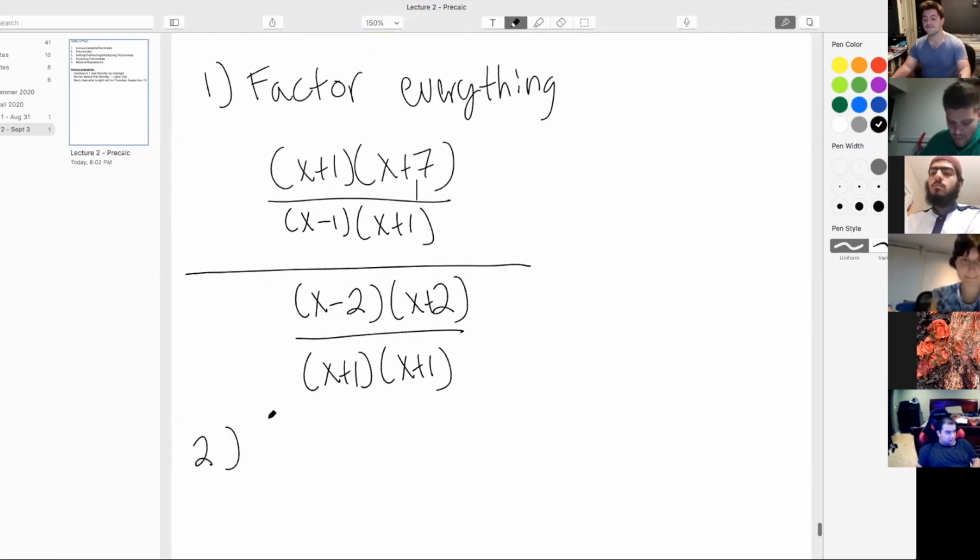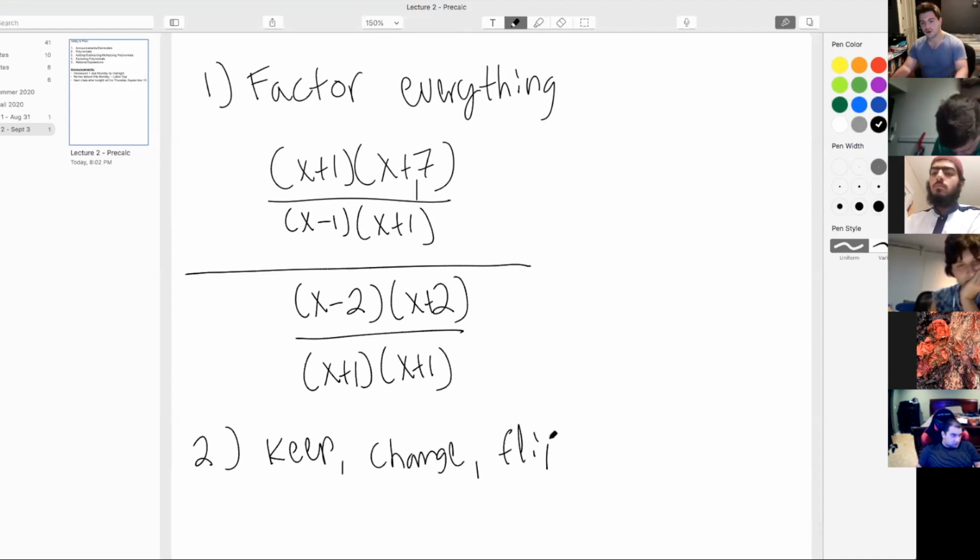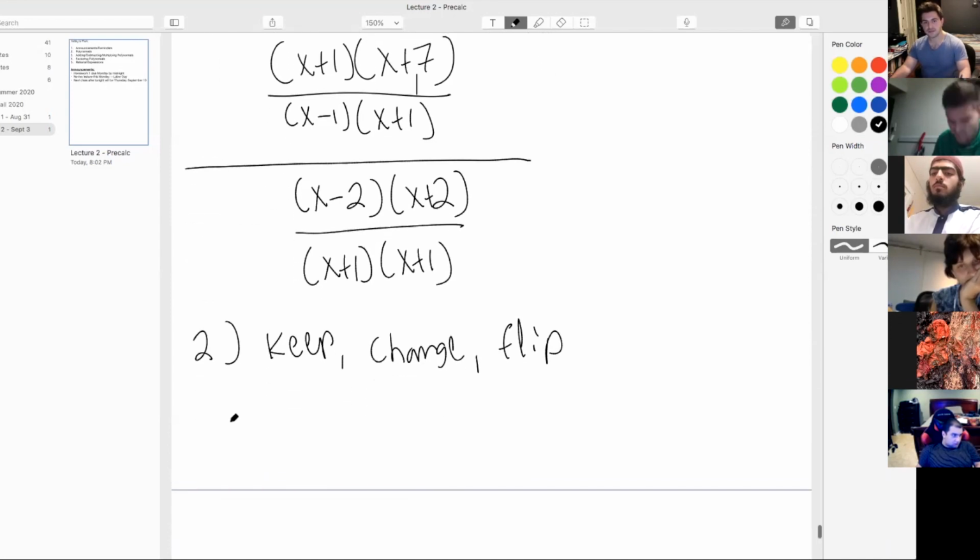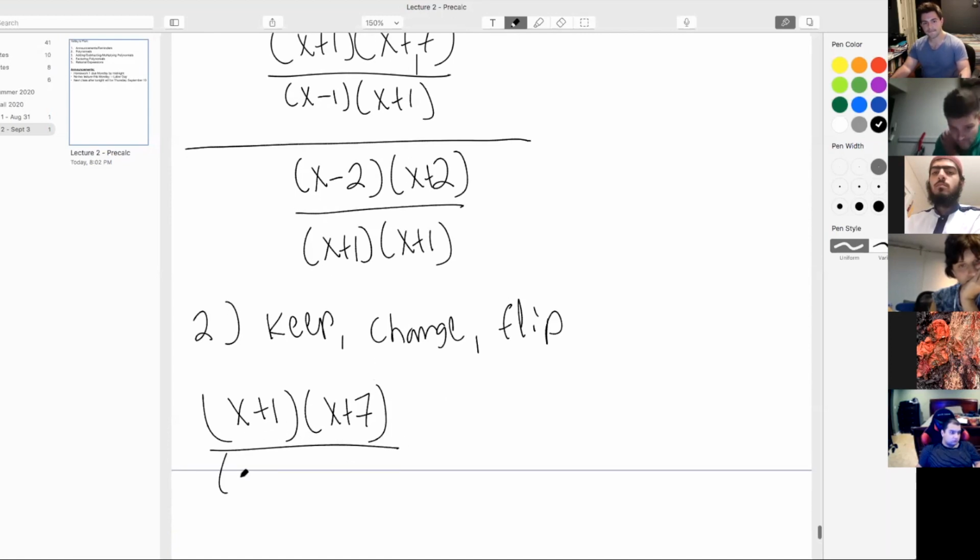Second, since we're dividing, we will do a keep change flip. The top stays the same, that was the keep part.